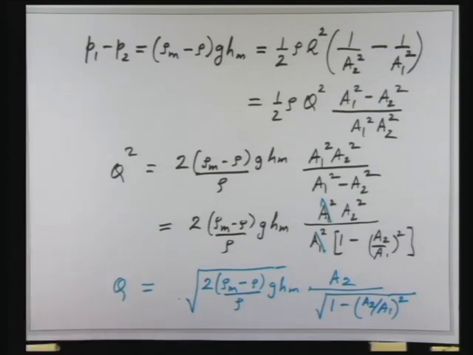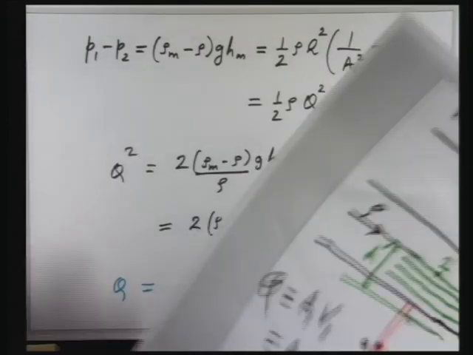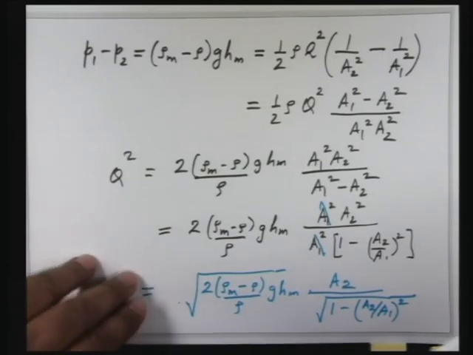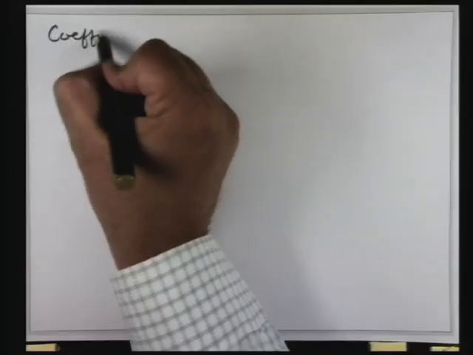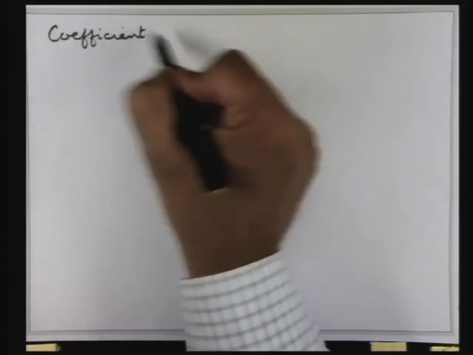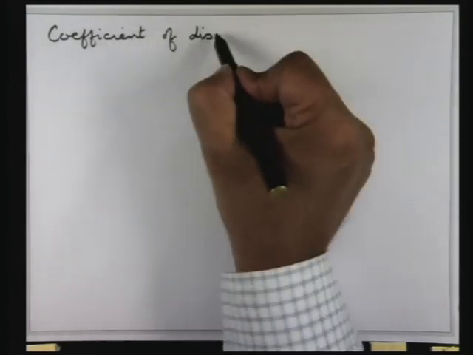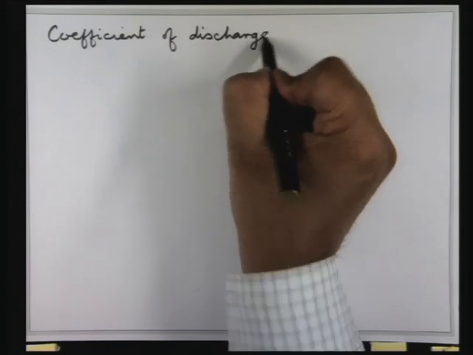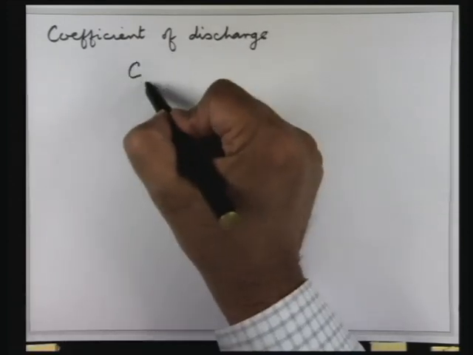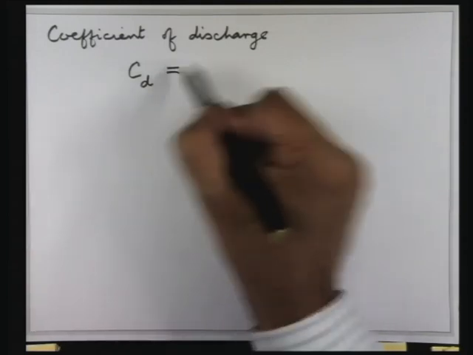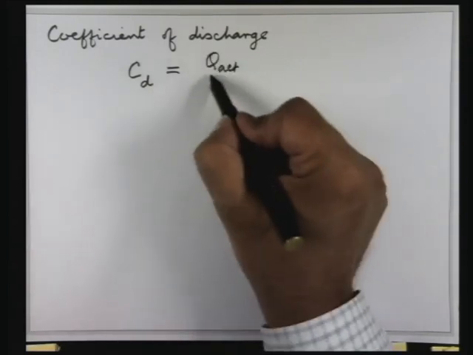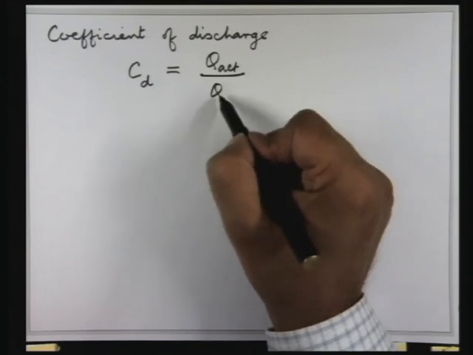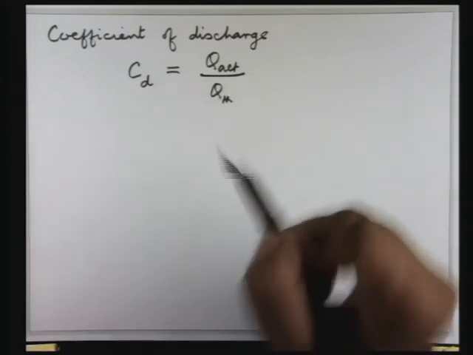Now this is assuming that you can apply Bernoulli's equation in the form which we have used. Now for viscous fluid, this will not give you the right result. So we can define what is called a coefficient of discharge. We will call it C_D, which is the actual flow rate by Q, the theoretical flow rate.